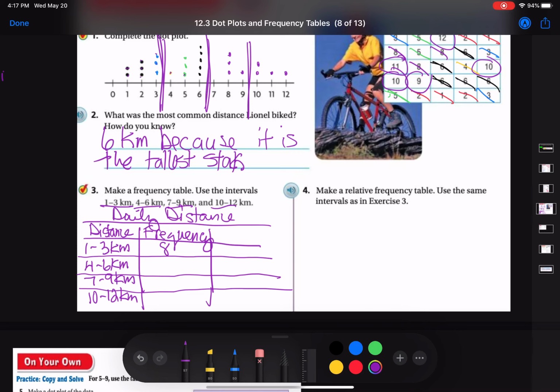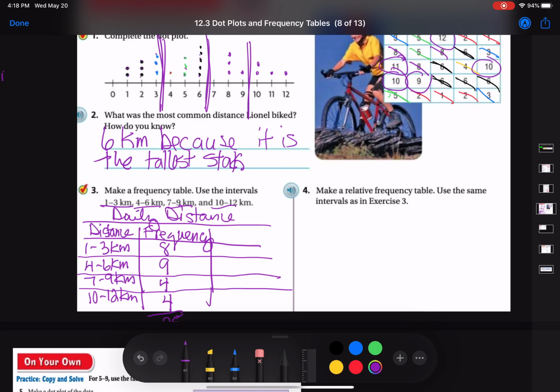So you have 1, 2, 3, 4, 5, 6, 7, 8, 9. So you can put 9 there. And then 7 to 9, you're going to count that up, and that's going to be 4. And then you're going to count up how many dots you have between 10 and 12. Now, the nice thing about this is when you add up all these, your frequency, you get 25. I can't really see that, but you do get 25.